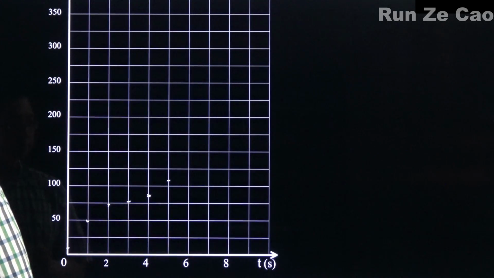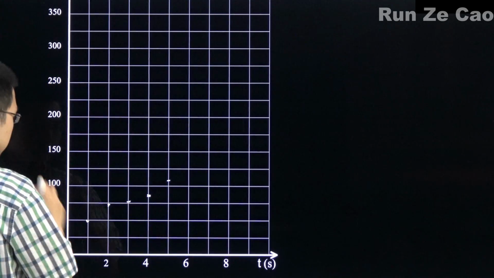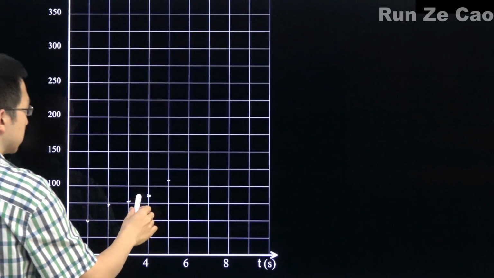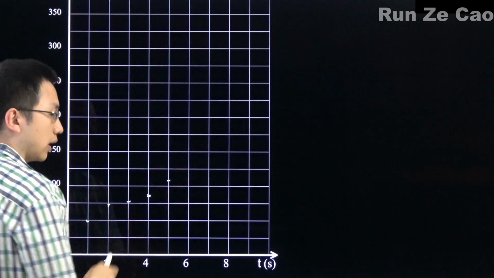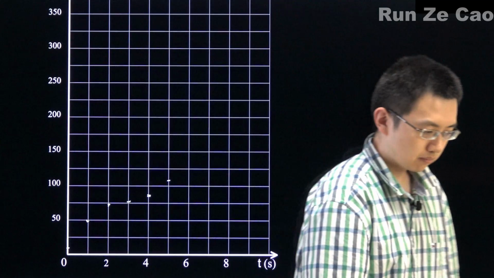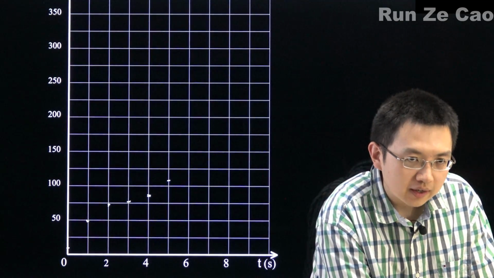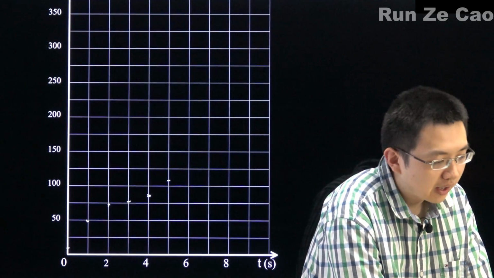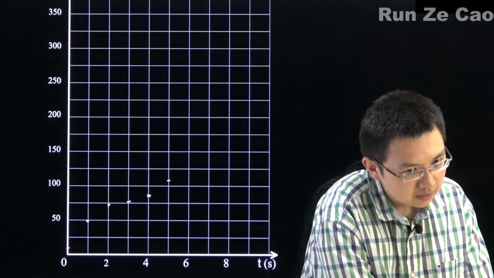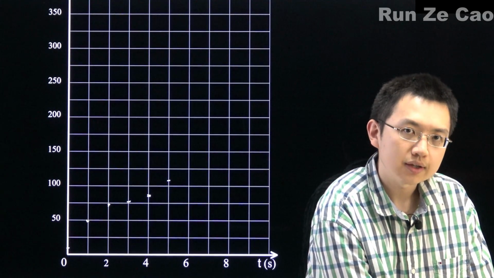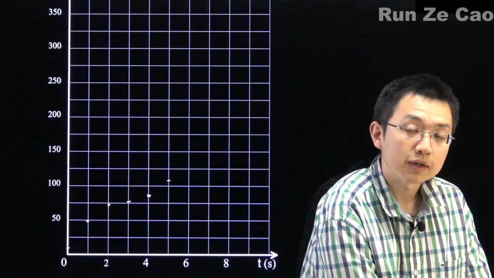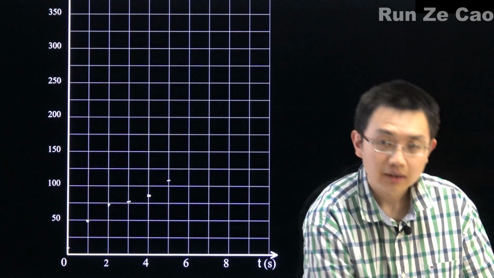So 6. Well, we end up going a total of from 15 meters per second to 45 meters per second over 2 seconds, an average of 30 meters per second for 2 seconds.